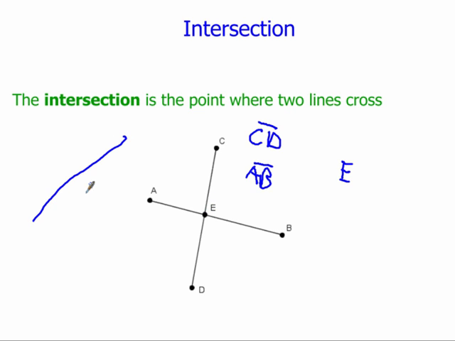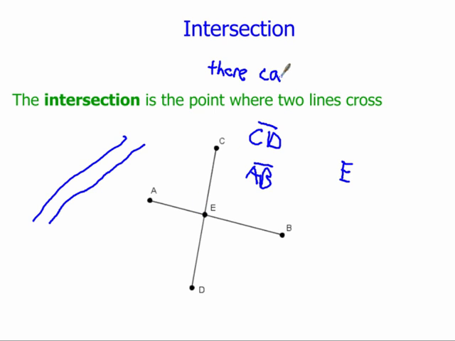Now, not all lines have an intersection. Some of them go on and on forever next to each other. Those are what we call parallel lines, and we'll discuss those at a future time. But just know that if two lines cross, that point is called the intersection. And I should let you know that there is only ever one intersection point for any two lines.